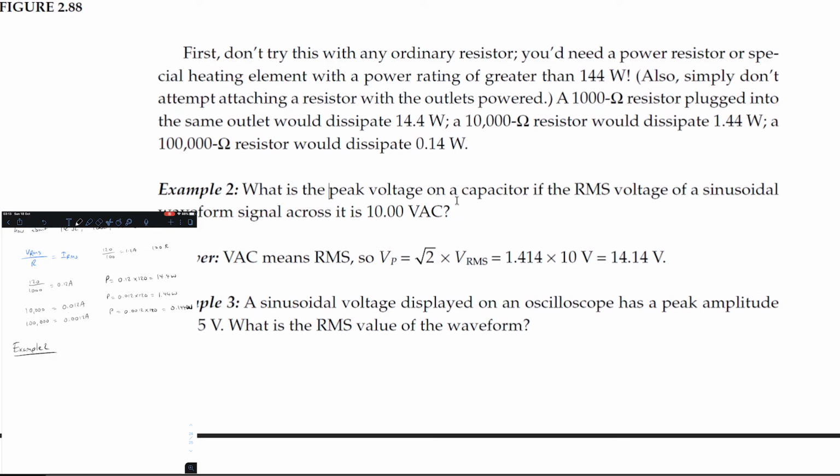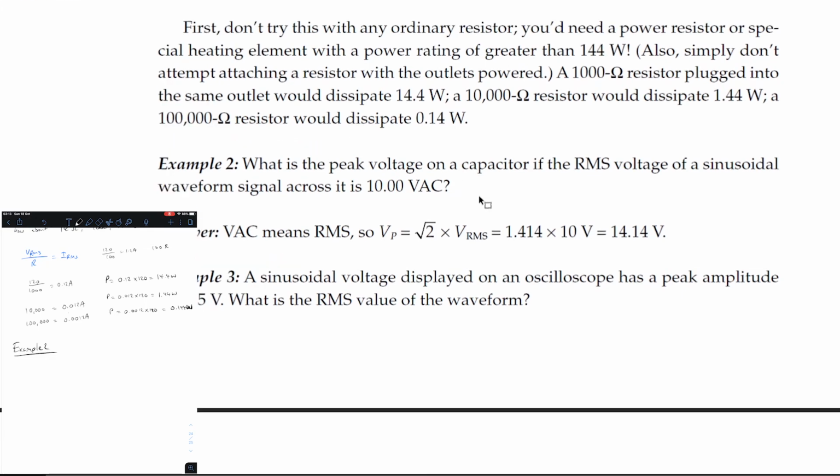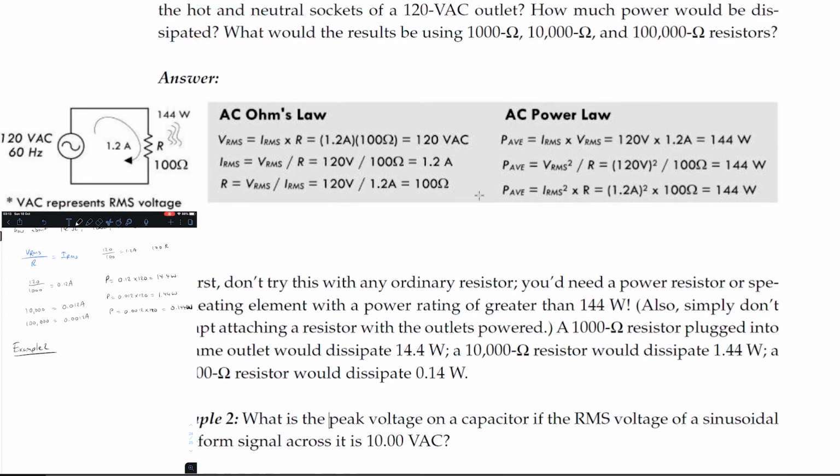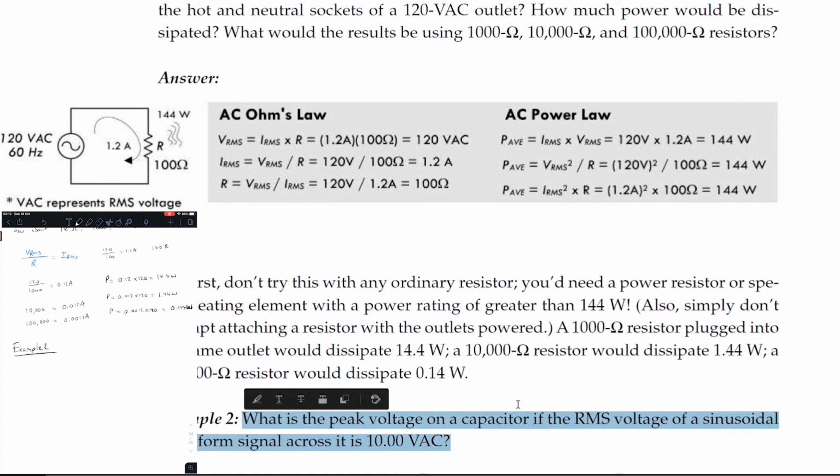I don't know why they're chucking in the capacitor here in this question, but basically it's a bit of a trick, because the voltage across the capacitor has got nothing to do with it. It's just whatever is in it. So basically, what is the peak voltage if the RMS voltage of a sine wave is 10 volts? It's just simple. The capacitor is irrelevant here.